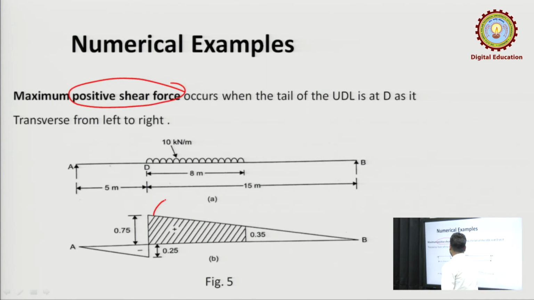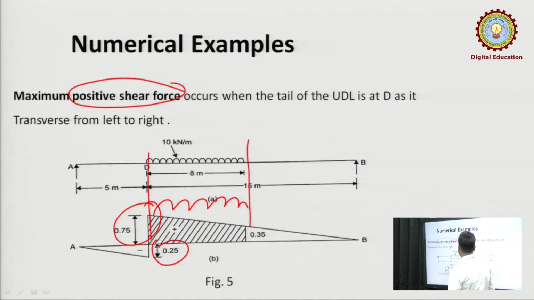Now apply the total load on this part. We know the ordinates at the extreme left and extreme right sides. We know the ordinate here, 0.75. We don't know the ordinate here, so we have to calculate it by the triangle law.